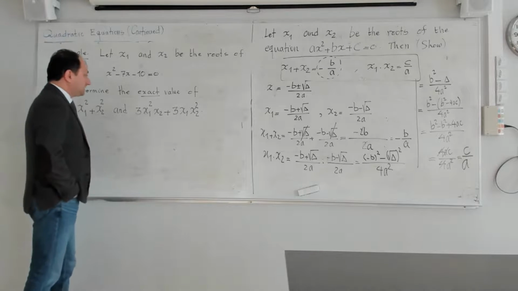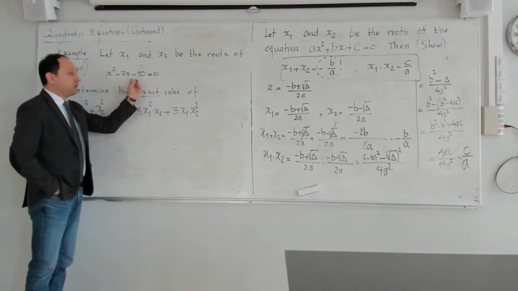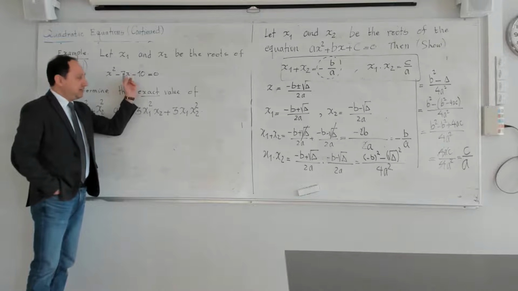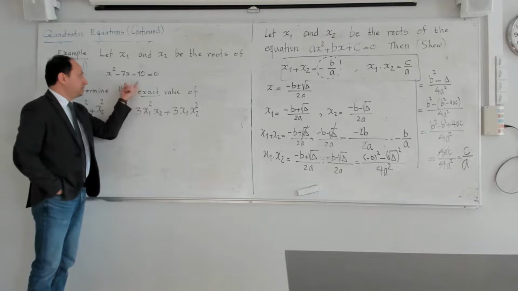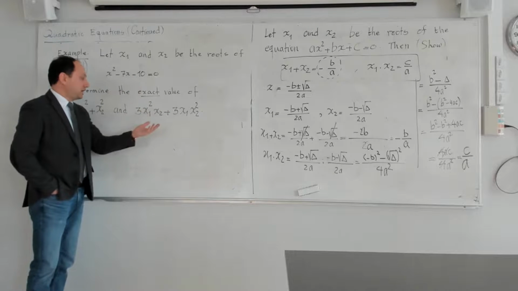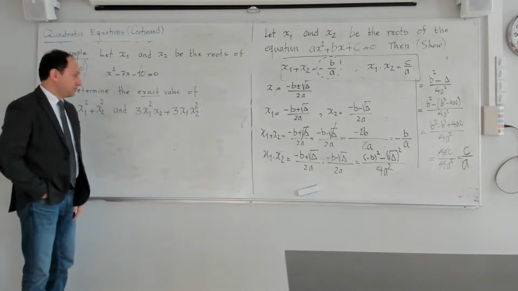So, of course, one naive way is to solve this equation. Then, when you have the roots, in principle that's not a hard problem. When I found the answers, if I have a computer available, I can put those numbers here and find the answer.